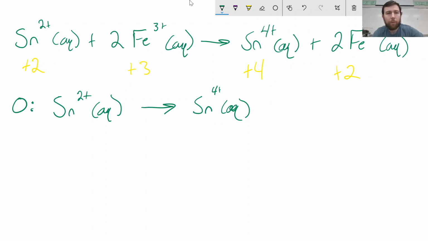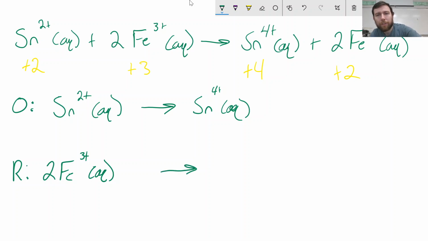Then our other half reaction, showing what's being reduced, is our iron 3+ ion. So we've got 2 Fe3+ (aq) going to 2 Fe2+ ions.